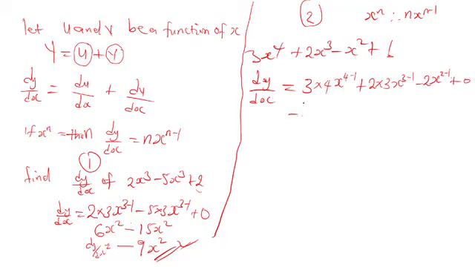So we go further into analyzing. 3 times 4 is 12, x to the power 4 minus 1 is 3, plus 2 times 3 is 6, x to the power 3 minus 1 is x squared, minus 2x, 2 minus 1 is 1, so you leave it like this. So dy/dx of this function is equal to 12x cubed plus 6x squared minus 2x.